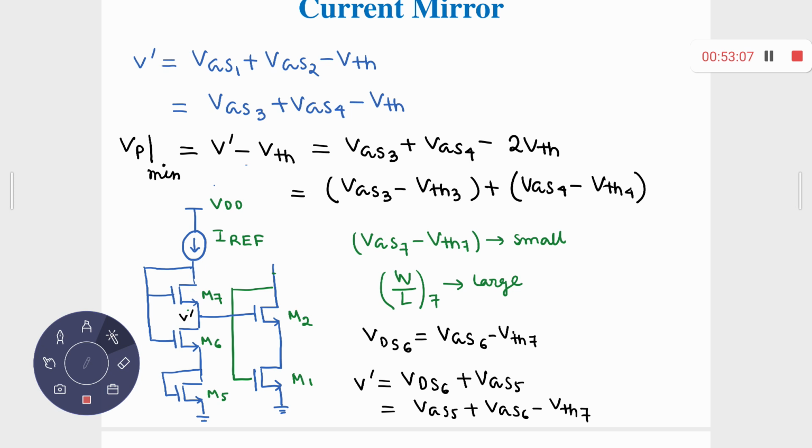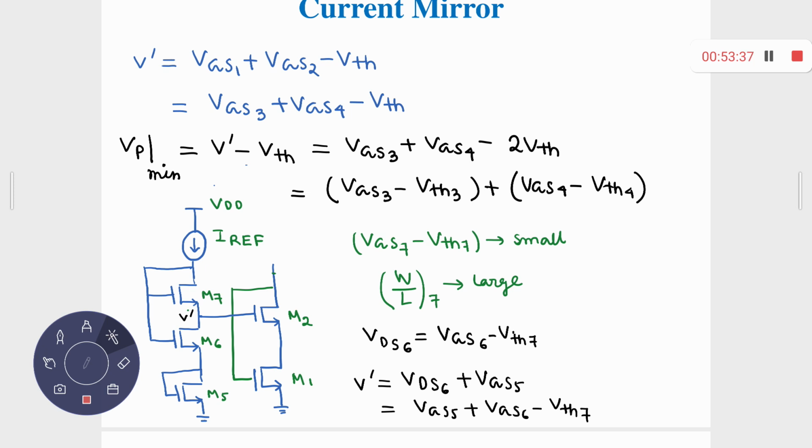Now, if the gate minus threshold is small, what does it mean? How can I ensure that this one is small? Same current, same mu, same Cox, but VGS7 minus VTH7 is small. That means what? You have to make (W/L)7 large. What is the advantage of making this VGS7 minus VTH7 small?